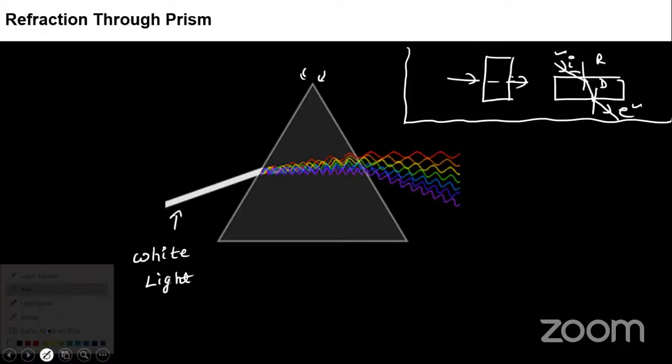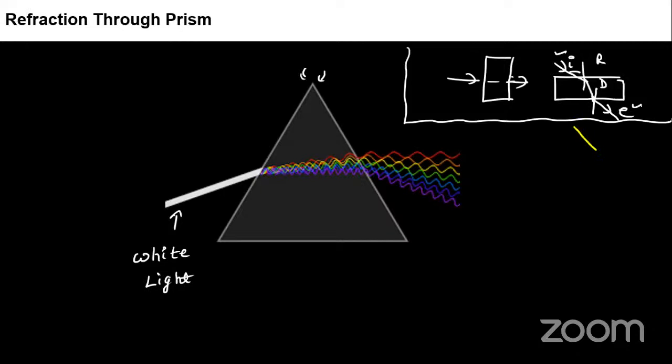Remember this thing, students. The incident ray and the emergent ray are both parallel, but there is a lateral shift in both of them. The lateral shift is t upon, what was this? 1 minus 1 upon mu.